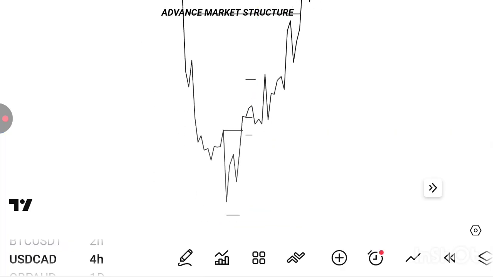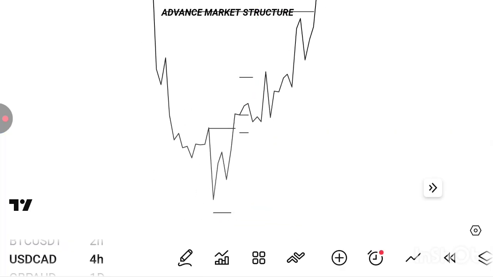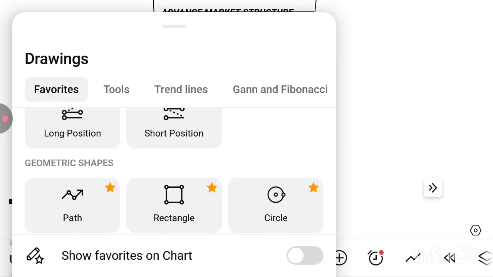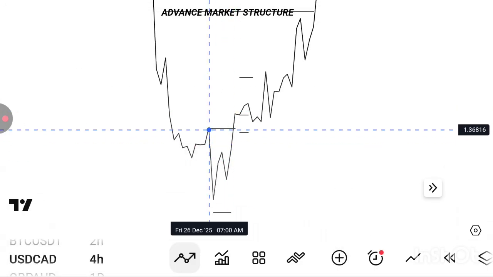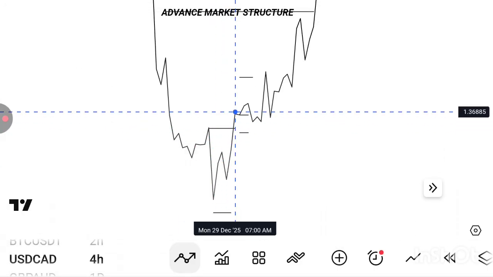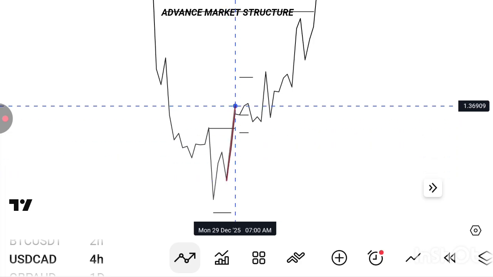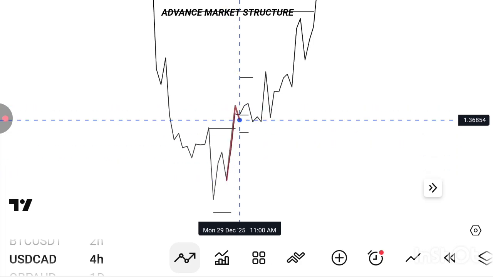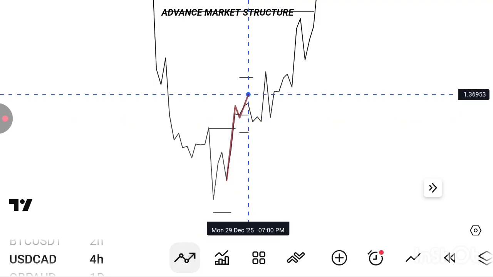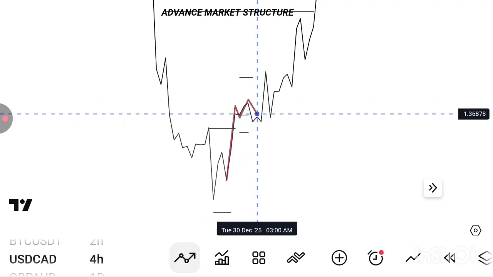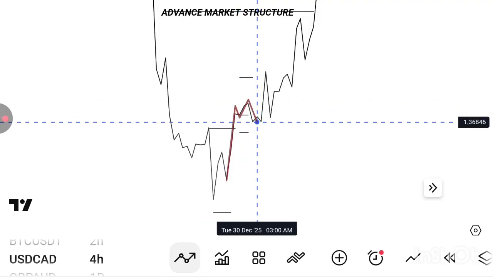What price actually did at that particular level was that after the break from this side, this low was formed. This particular low was formed, then a high was formed, then price came back and took this low out.